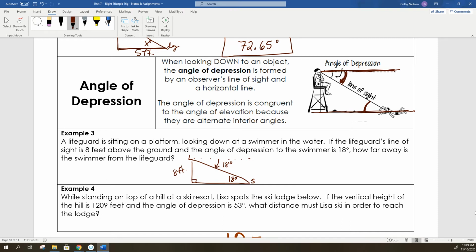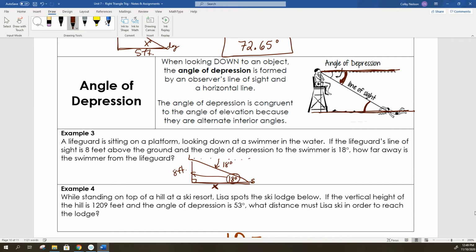How far away is the swimmer from the lifeguard? So that would be this horizontal distance there where I'm marking the X. Okay, so we have an angle. We have two sides, one we're looking for. So which trig function are we going to use? From the 18-degree angle down here, the one that's inside the triangle, this side would be opposite.